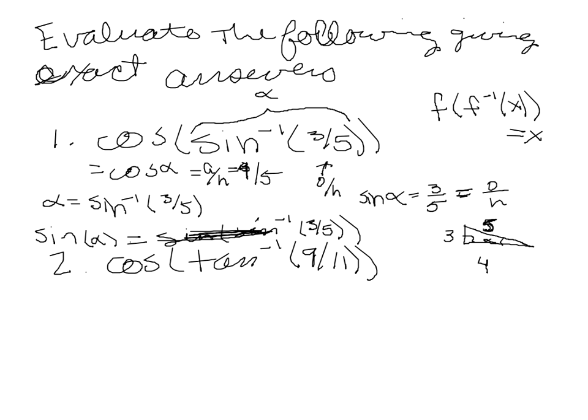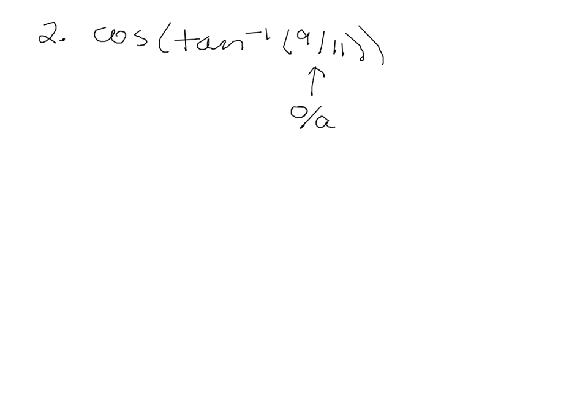Okay, I'm going to take this problem to the next page so that we can work on it with more room. So we have cosine of inverse tangent of 9/11. The input for an inverse tangent is opposite over adjacent, and the output is an angle.